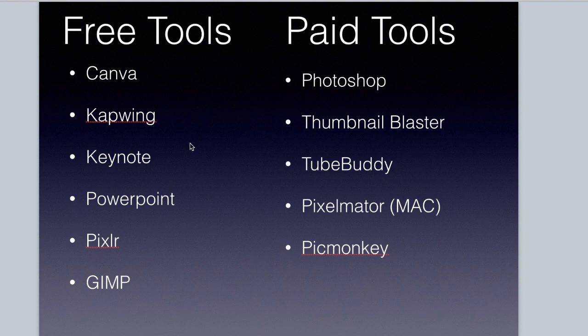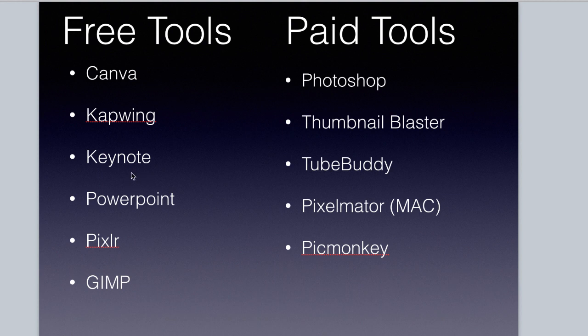It's free, capwing.com, and then you just choose the dimensions, which is usually for thumbnails, like I choose 1920 by 1080, and then even within the software, you can just choose a selection from all the photos. So they have free photos you can use, and then you can just add the text, and then you publish it and download the thumbnail. So very easy.